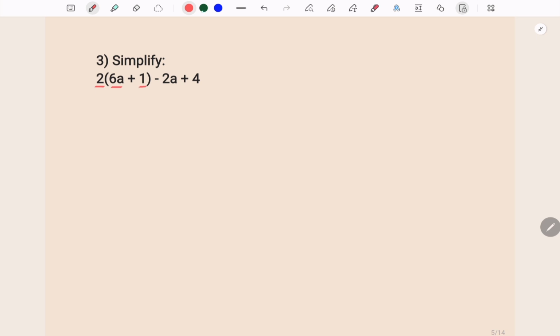Let me rewrite this question for you. The question says 2 multiplied by 6a plus 1, minus 2a plus 4. What I just said is that this 2 will be multiplied by 6a as well as with 1. So here I have two different multiplications.